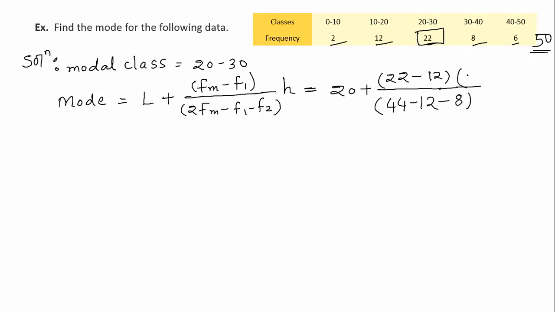Width is 30 minus 20, that is 10. So we can solve this and we'll be getting the answer. So just try to make use of the calculator.